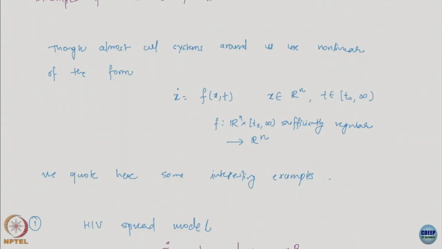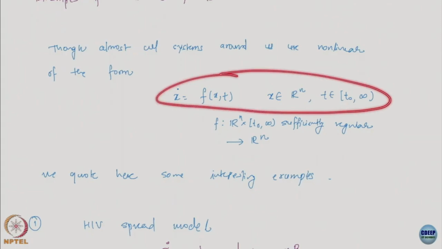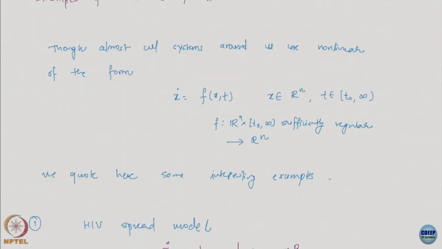So to study nonlinear systems, we want to look at examples. Here the example is a little bit more esoteric, just to sort of drive the point. The typical nonlinear system model that we are talking about in this course always looks like this.